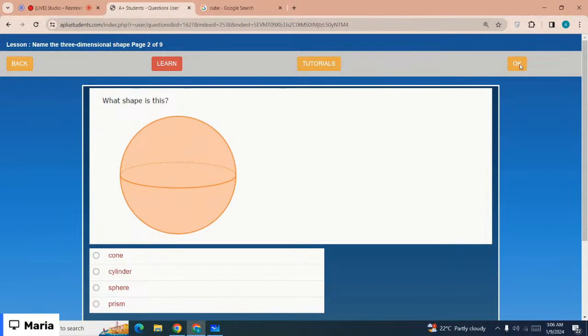What shape is this? Which is the correct option? Cone, cylinder, sphere, or prism? If you already know the answers, you can please write down the answer in the chat box.